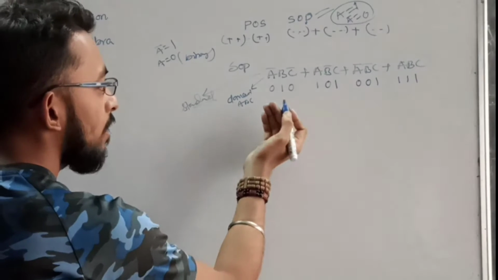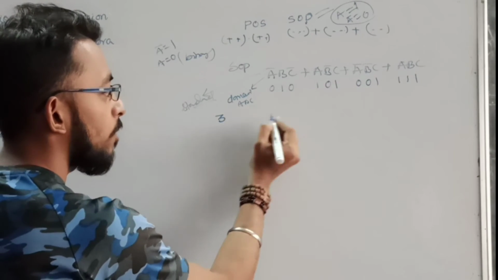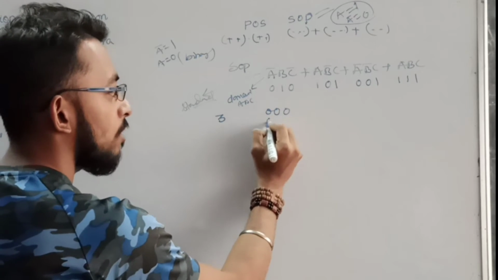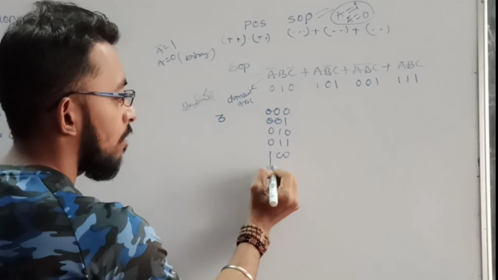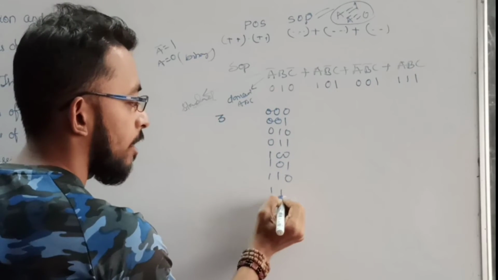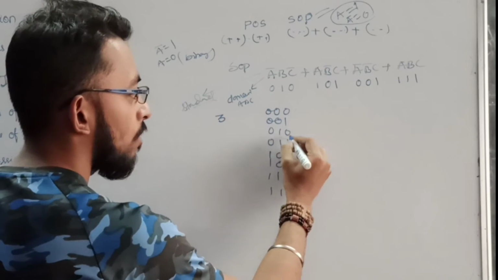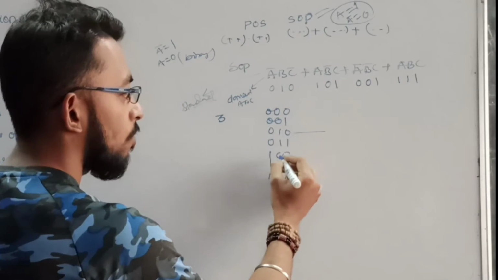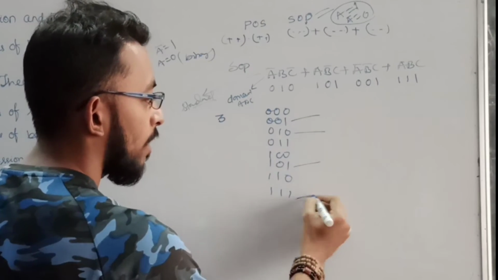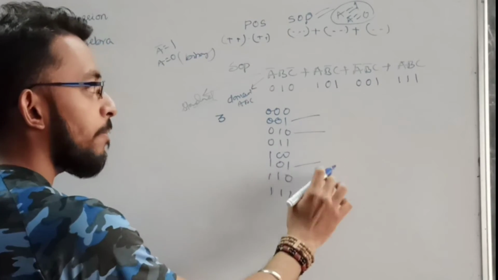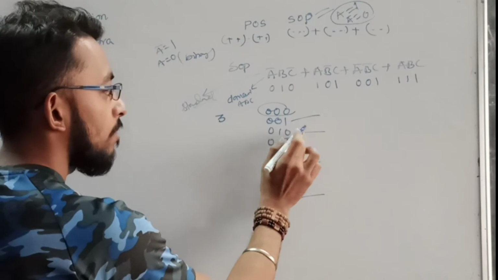Okay. Then after converting into binary, there are 3 inputs. 3 inputs means there are 8 possible combinations: 0 0 0, 0 0 1, 0 1 0, 0 1 1, 1 0 0, 1 0 1, 1 1 0, 1 1 1. Out of these 8 combinations, 0 1 0, 1 0 1, 0 0 1, and 1 1 1, these 4 terms are present in my SOP.